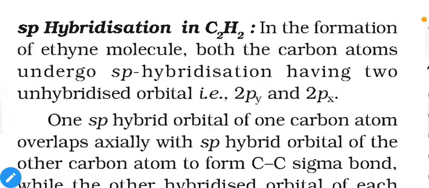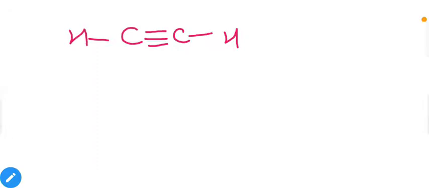That means the 4 bonds of carbon will be complete. With one hydrogen, it has a single bond. With the other carbon, it has a triple bond. Both carbons have the same type of bond structure. So the structure of ethyne will be something like this. Carbon-carbon contains a triple bond and both carbons contain a single bond with hydrogen.